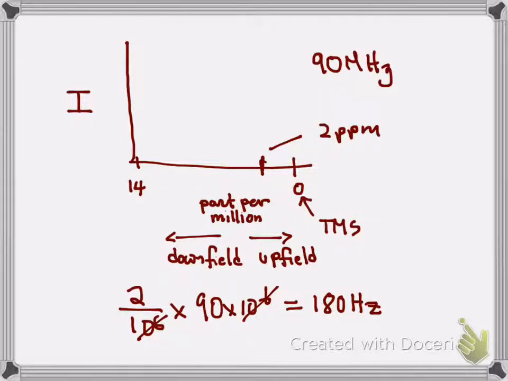Another way to talk about this is as an offset. It's a 2 part per million offset from 0. Remember, 0 is artificial. We set TMS; it doesn't have 0 hertz as its frequency. We just artificially set it, so it's a 2 part per million offset from TMS. Intensity, by the way, 0's down here and then it goes up.